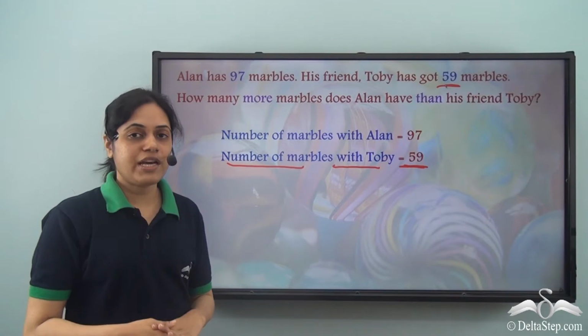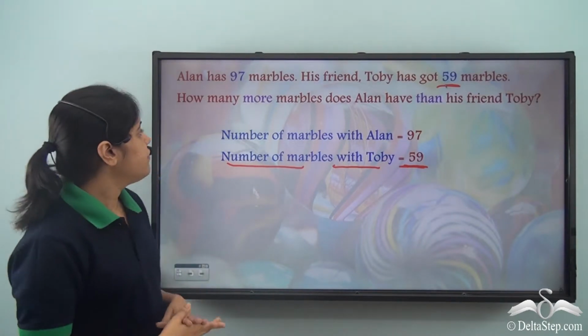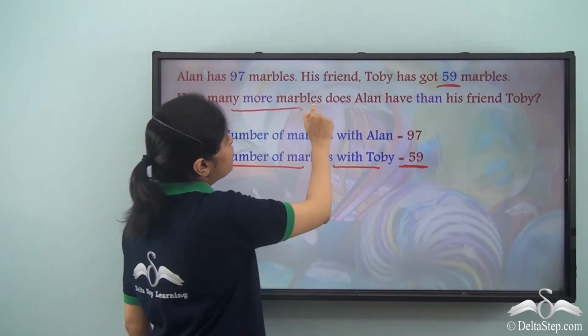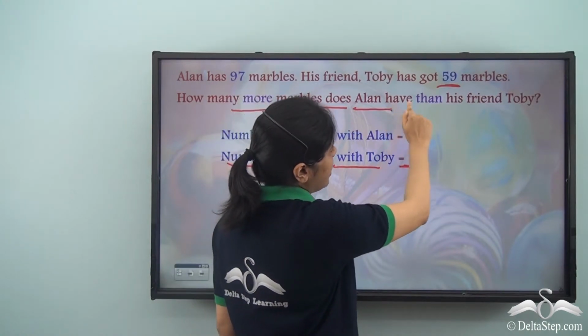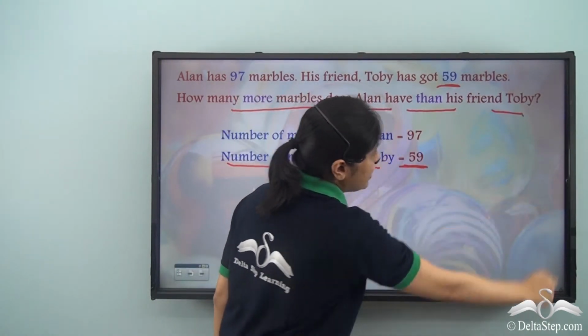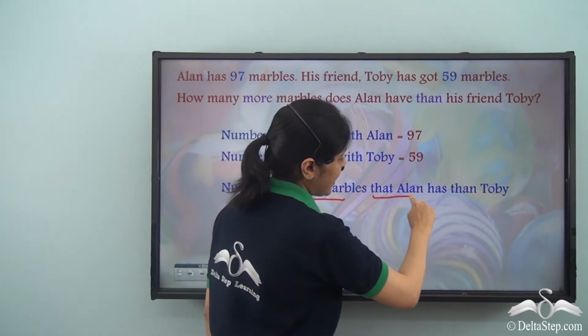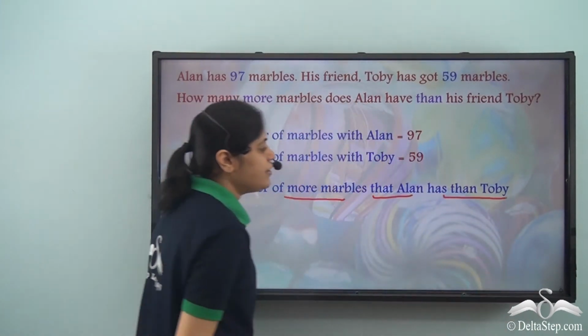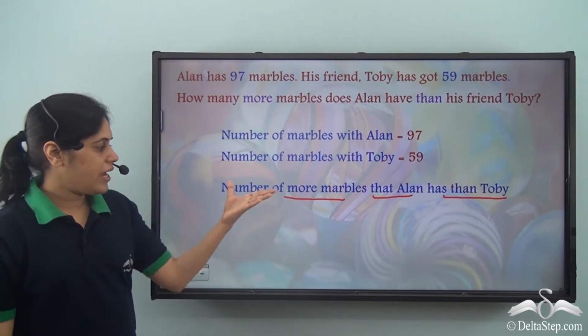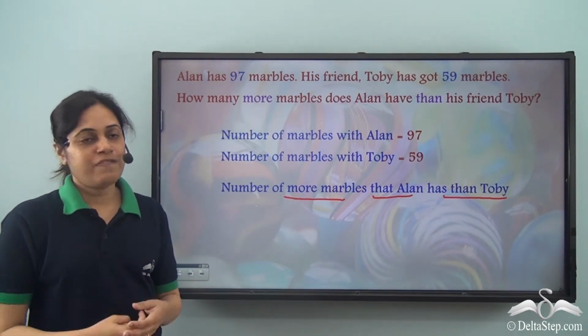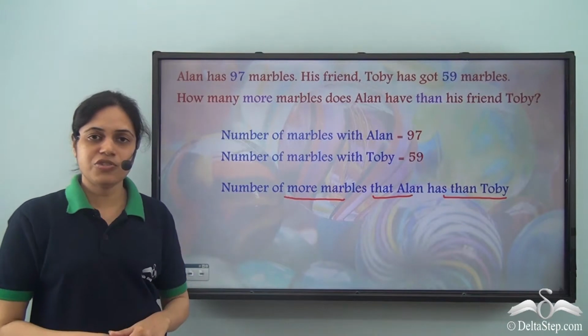Now we need to write, what do we need to find? We need to find how many more marbles Alan has than Toby. So I write number of more marbles that Alan has than Toby. And how can I find this? We know that we need to subtract these two.